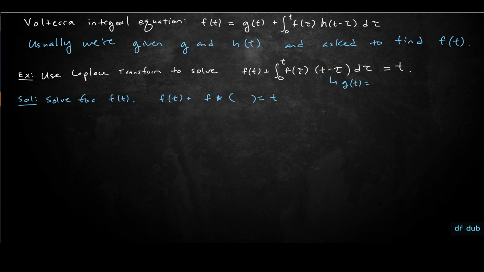So if I'm doing g of t minus tau and I get t minus tau, then g of t would equal t, that's right. So f star t right here.